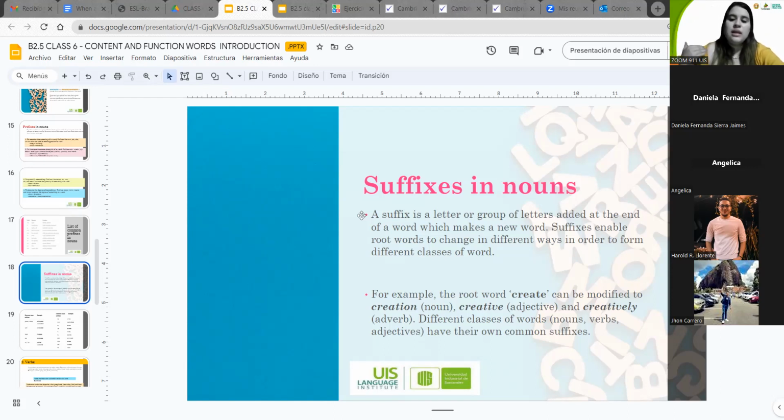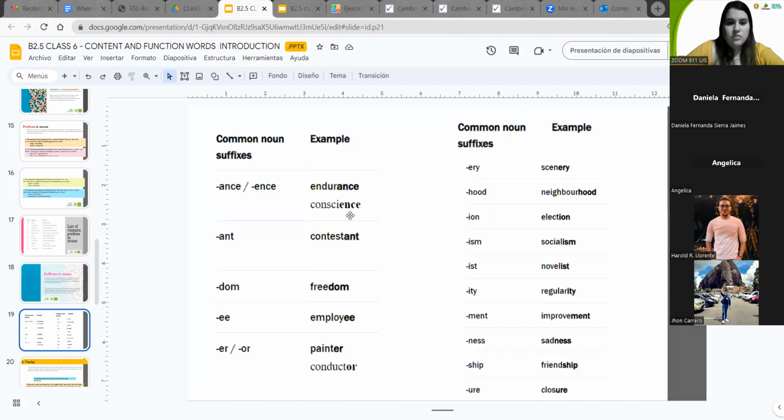Different classes of words like nouns, adjectives, and verbs have their own common suffixes, okay? So they don't usually share the suffixes. For example, these are examples of suffixes in nouns: endurance, conscience, contestant, freedom, employee, painter, constructor.